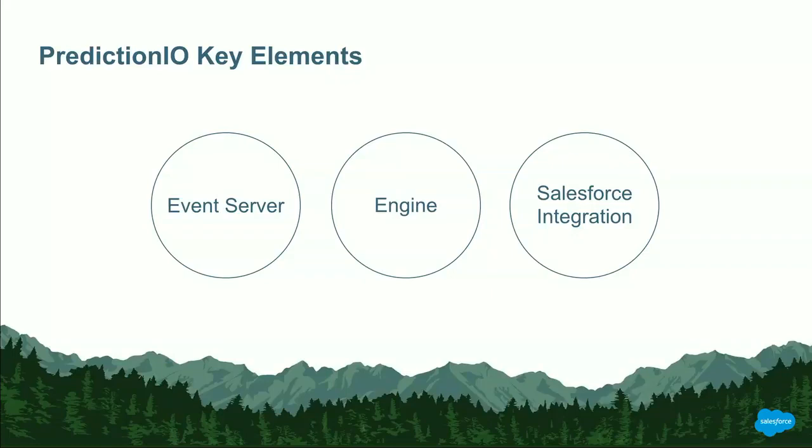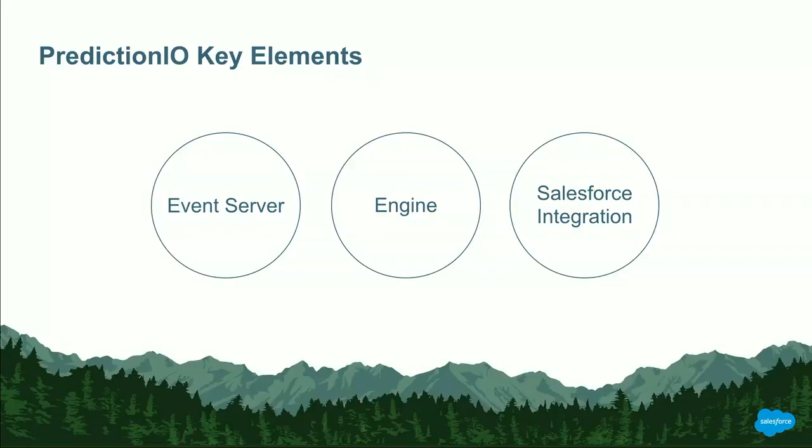There are three key elements in the implementation. One of them is called the Event Server. That is basically where the data is collected via REST API. What does this mean? Every time we create a new opportunity, a new contact, or associate them, we are creating data in the event server.